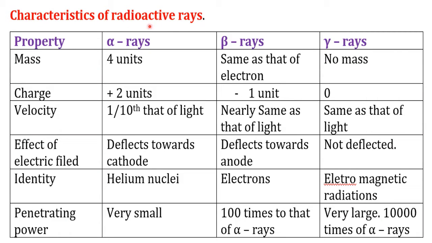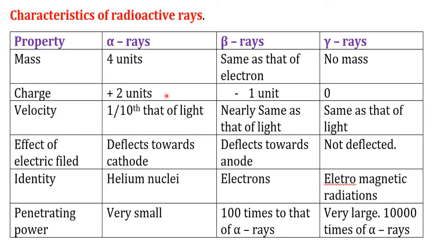Now let us learn the characteristics of radioactive rays. Property: alpha rays, beta rays and gamma rays. Mass. The mass of each alpha particle is 4 units, the beta particle, that is the electron, has the mass of an electron, and gamma radiation has no mass. Charge.